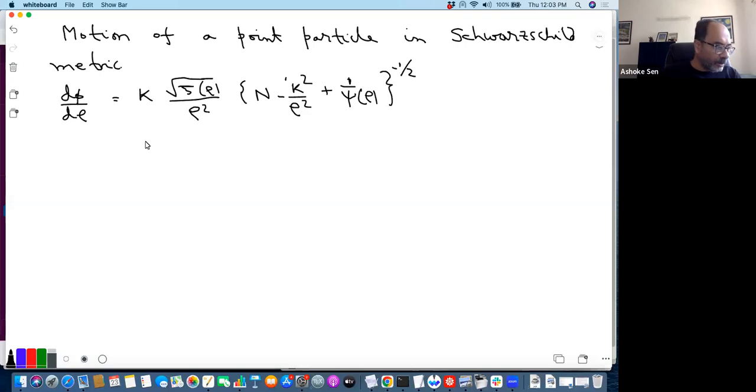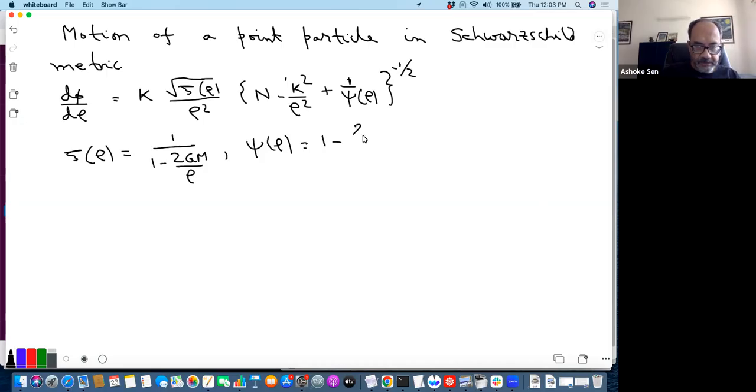This is the equation we had gotten. And let me remind you that psi of rho is 1 over 1 minus 2GM over rho, and psi of rho is 1 minus 2GM over rho.